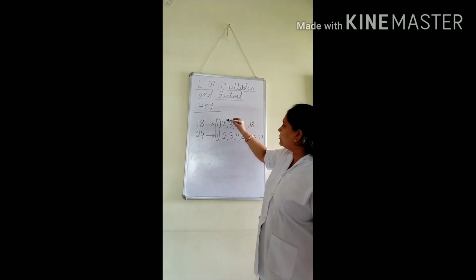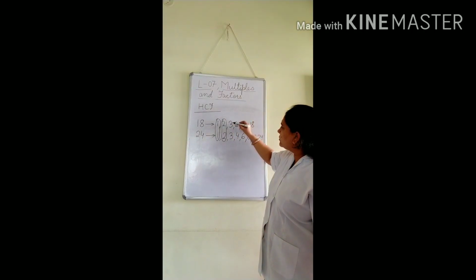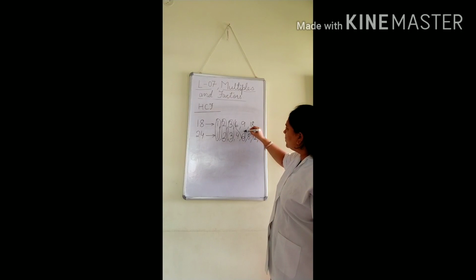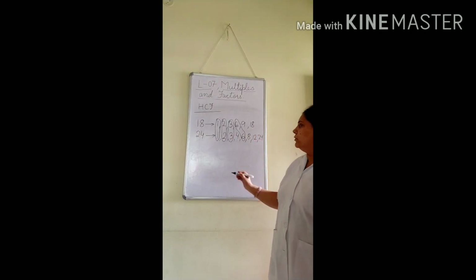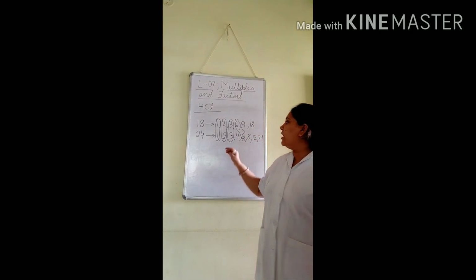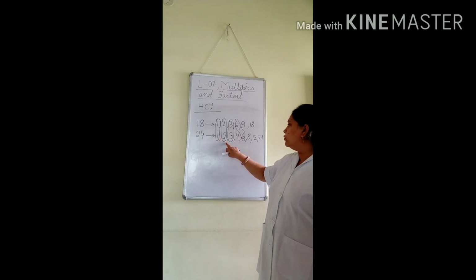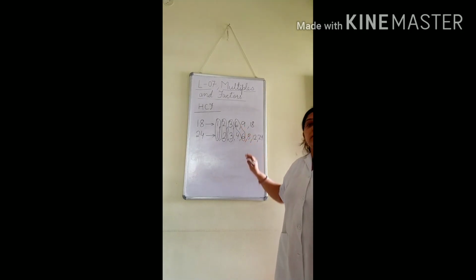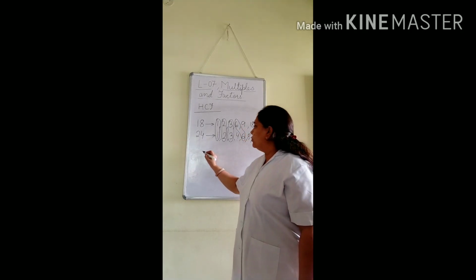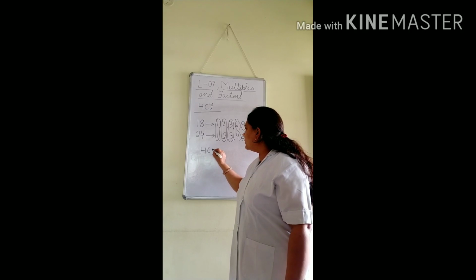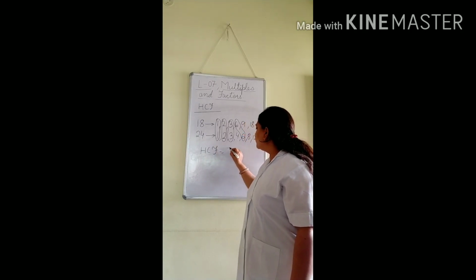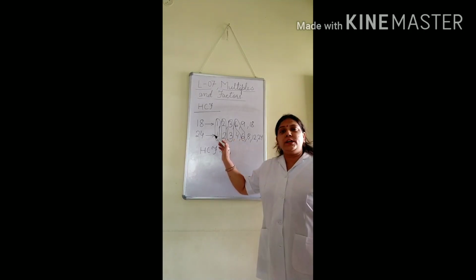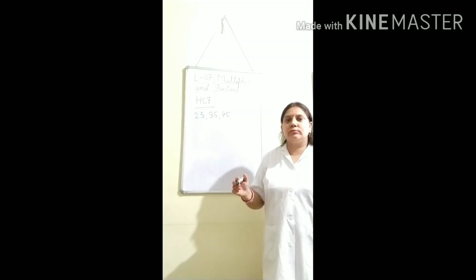The common factors are 1, 2, 3 and 6, from which 6 is the highest factor. So we write HCF is equal to 6. The HCF of 18 and 24 is 6.